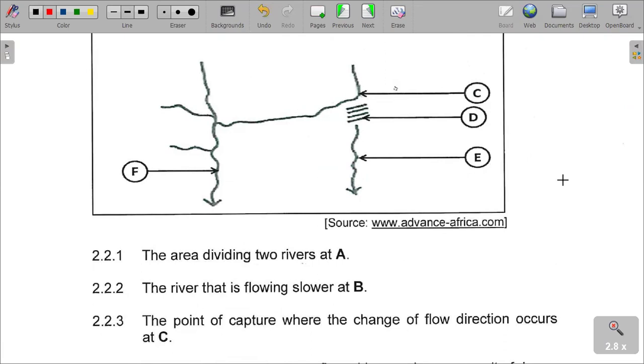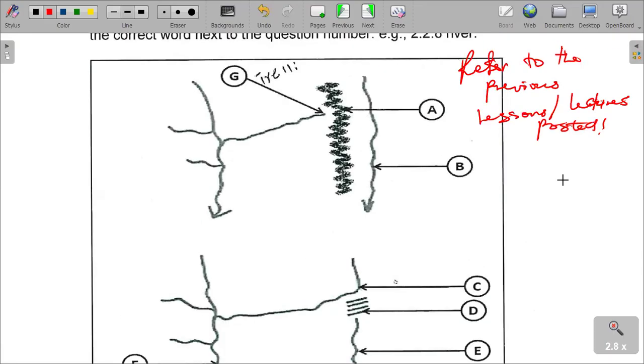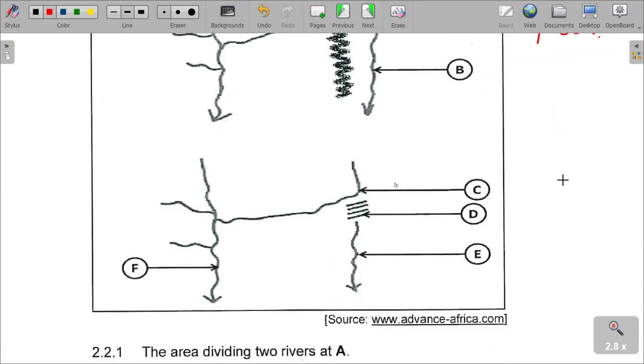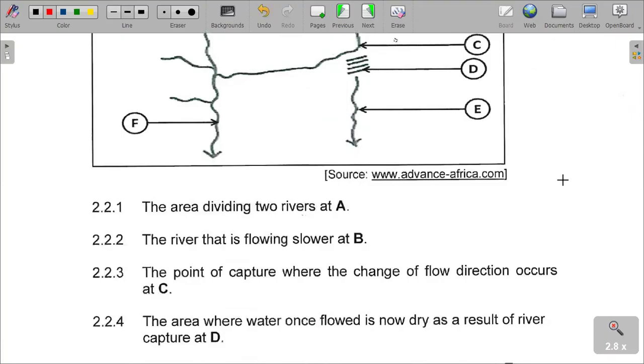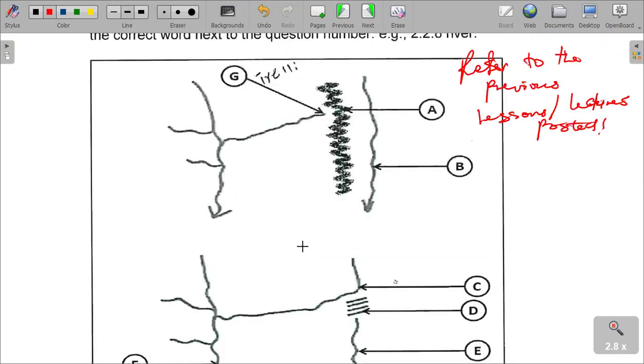The area dividing two rivers at A. What is this area dividing two rivers at A? It's a watershed. And then the river that is flowing slower at B, what is it?